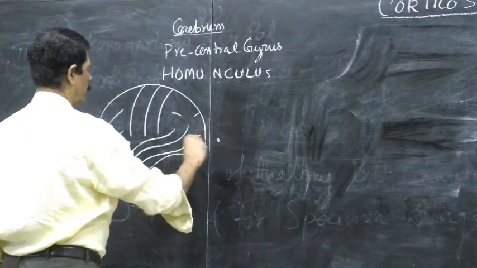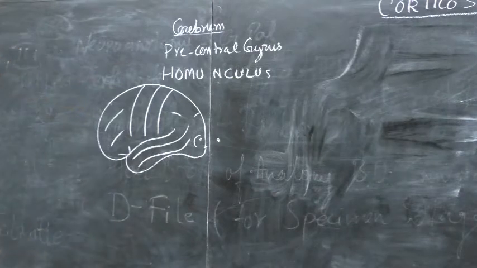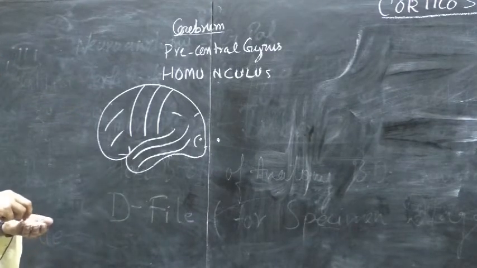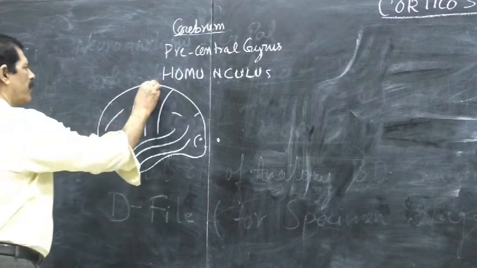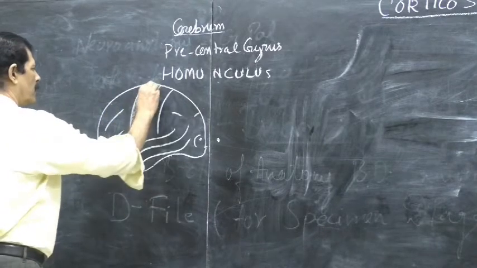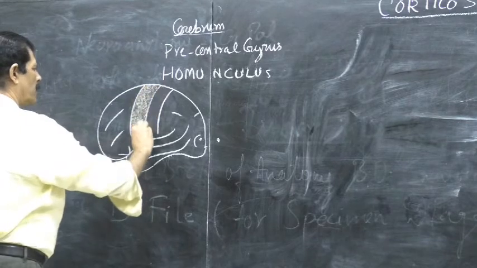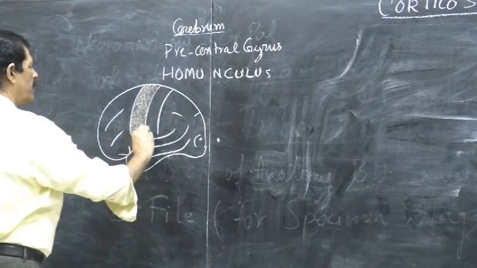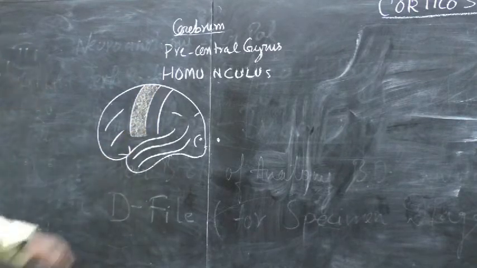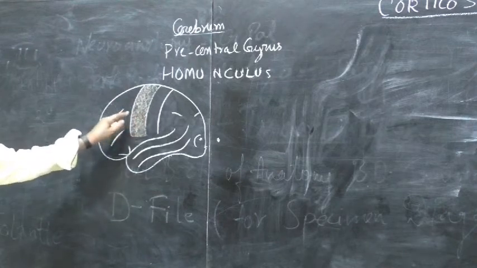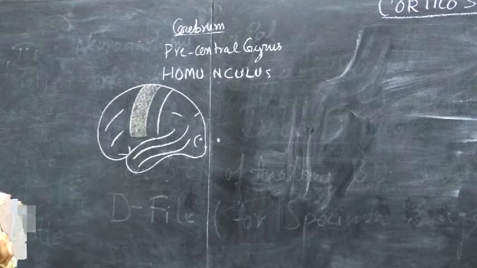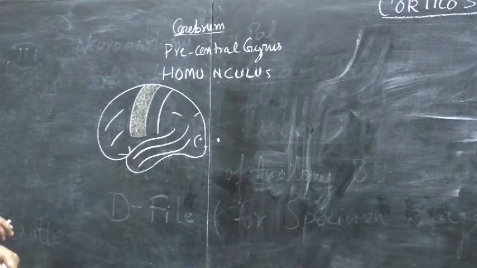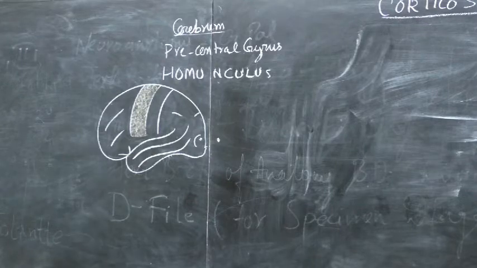So this is the superolateral surface of the cerebrum, and we know that this strip of the gray matter is called the precentral gyrus, in between the central sulcus and precentral sulcus. This area of gray matter is called the precentral gyrus, and functionally it is motor in function.